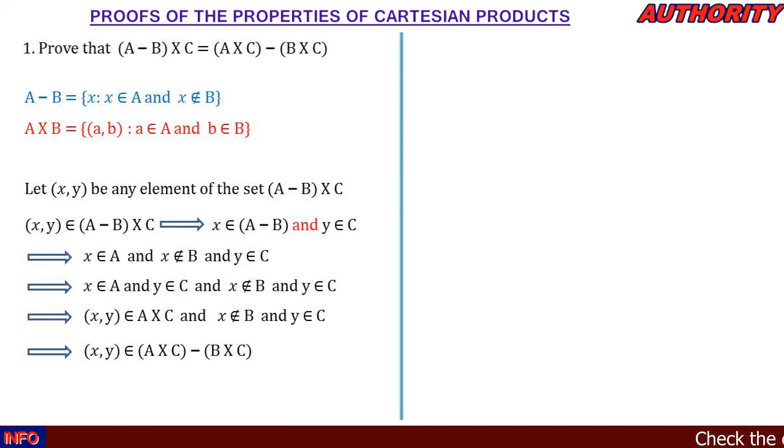So we simply put it this way. We say X comma Y exists in A cross C difference B cross C.